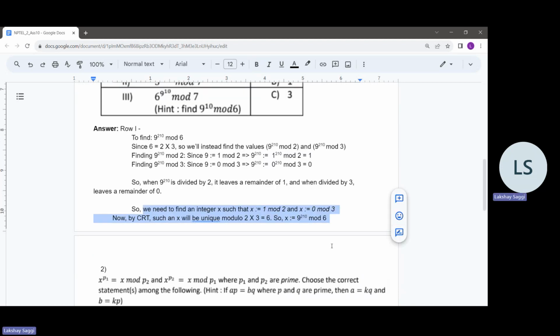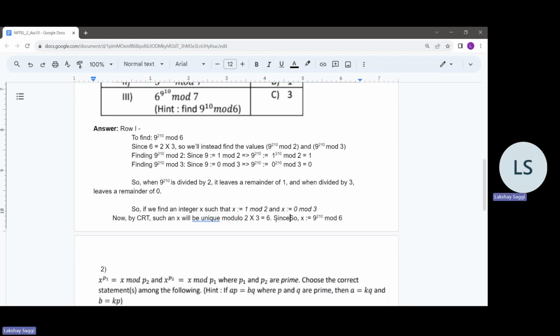So I hope this is clear to everyone that if we find an integer x such that x is congruent to 1 mod 2 and x is congruent to 0 mod 3, this x will be unique modulo 6.